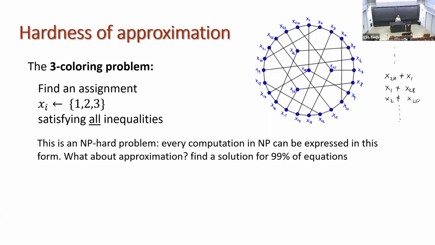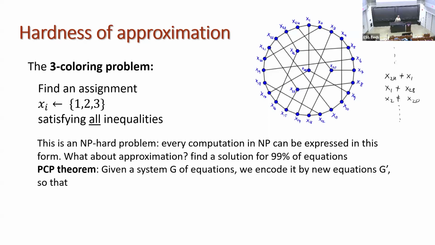It seems to be much easier. And indeed, it depends on the number. If you reduce the 99% further down, like to 90%, then actually we know how to do it. There's a polynomial time algorithm. But if you keep it at 99%, if I'm not mistaken with the numbers, I think it's NP-hard. So let's not focus too much on the number.